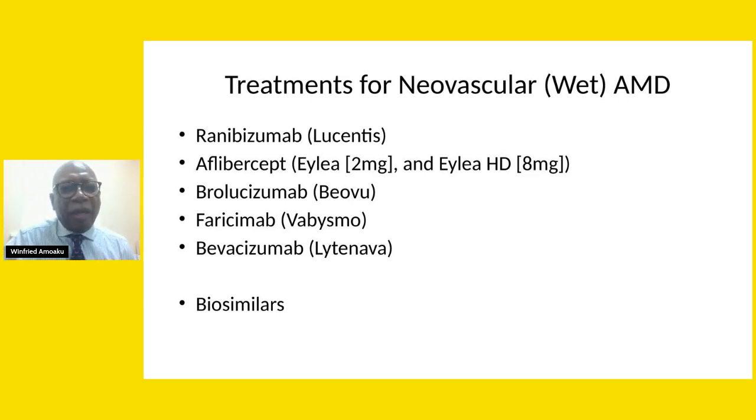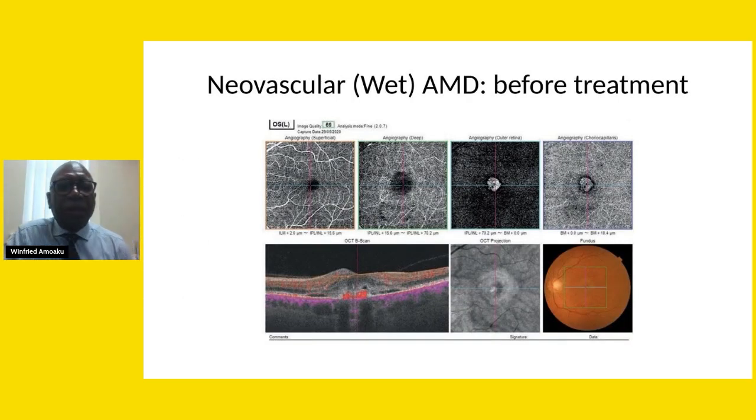Currently we have biosimilars for ranibizumab or Lucentis because the patent is gone. Eylea has biosimilars, but these will only become available in the UK in December or January next year. The other ones are very recent, and therefore the biosimilars will take some time to appear on the market.